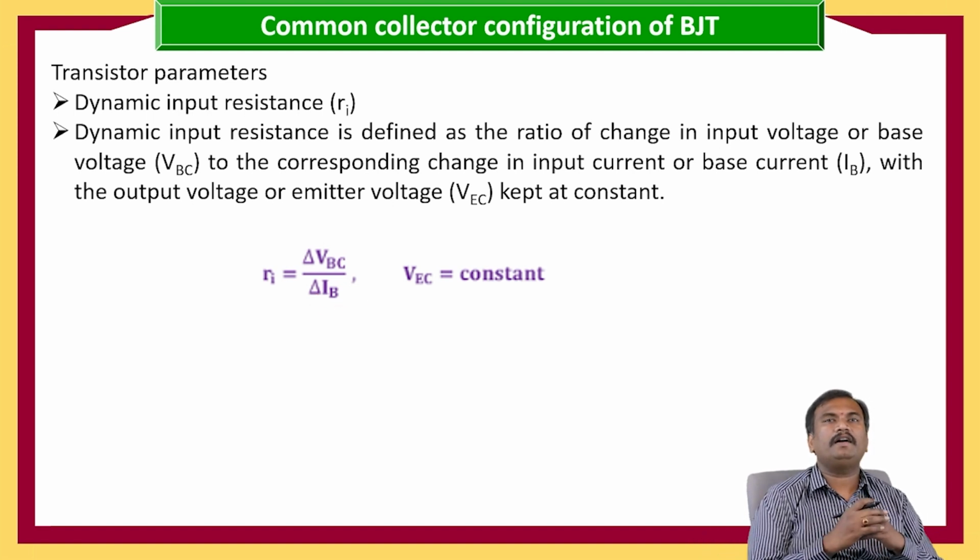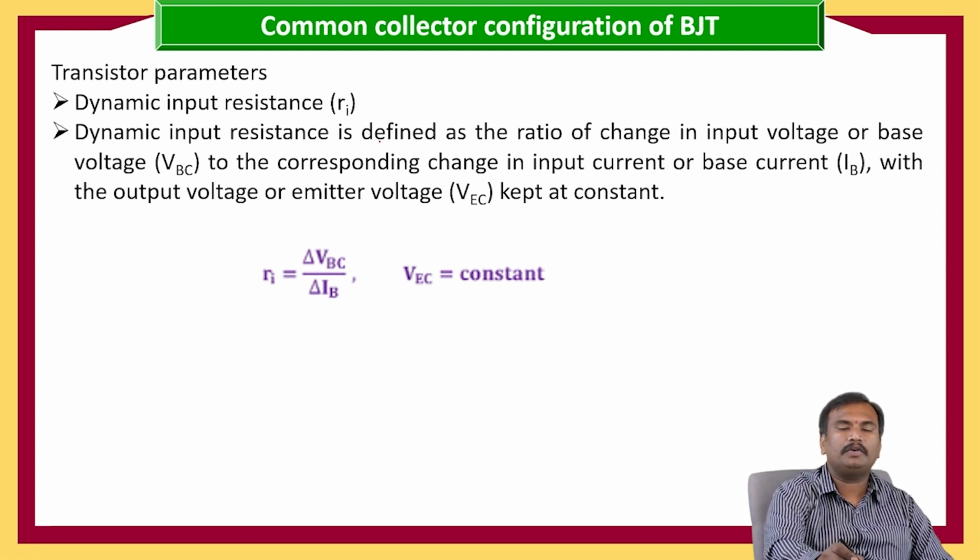That is change in the base to collector voltage. Whatever change we make, correspondingly there will be change in the base current. That change we need to consider for calculating the input resistance.